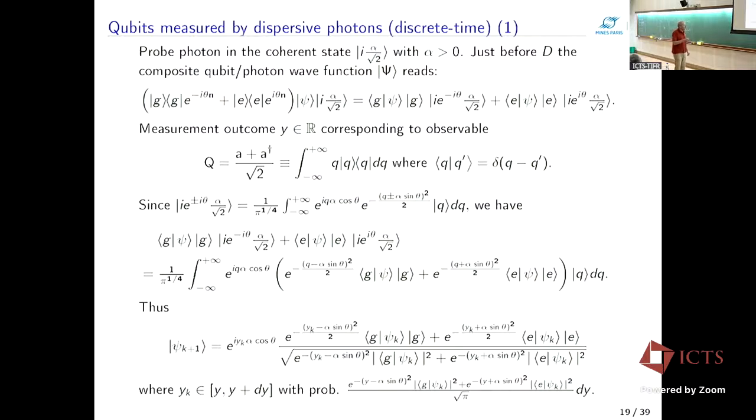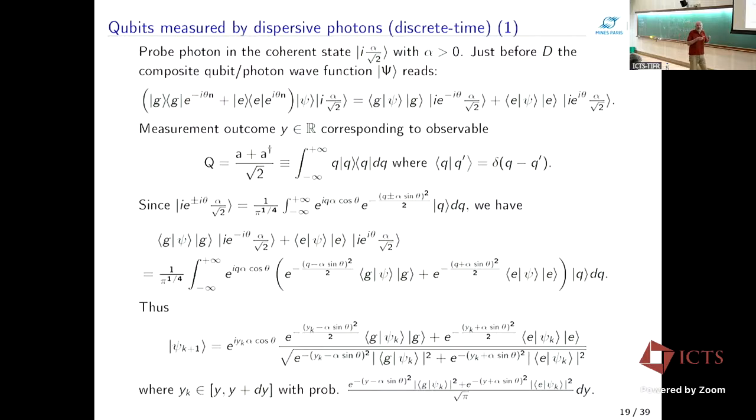It gives you that the new psi for the qubit is given by this coherent superposition of G and E with this value of the population and relative phase. And here, of course, you normalize. And what you obtain is the probability to detect your value yk in a small interval, of course because it is a probability density, is this, corresponding to this normalization.